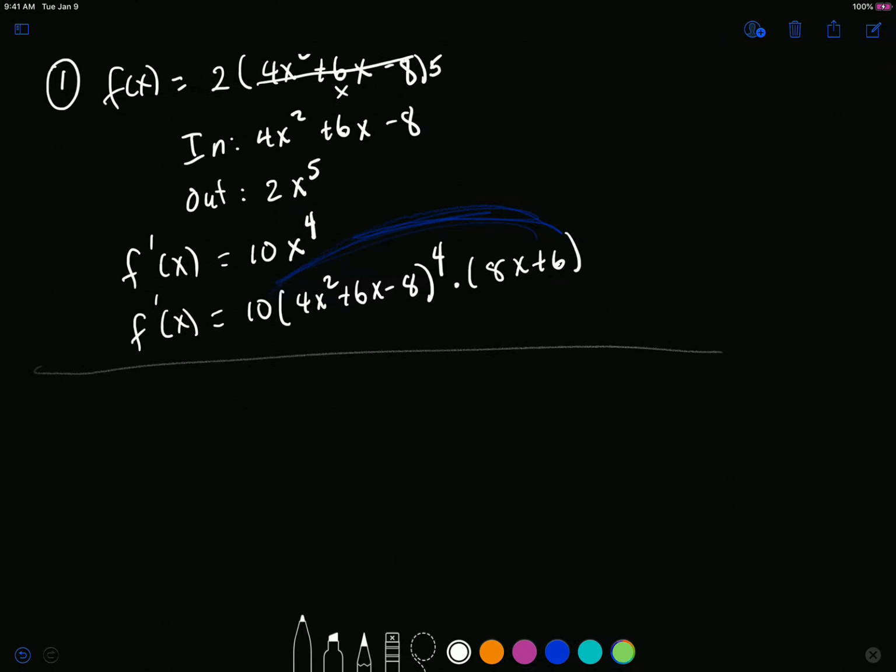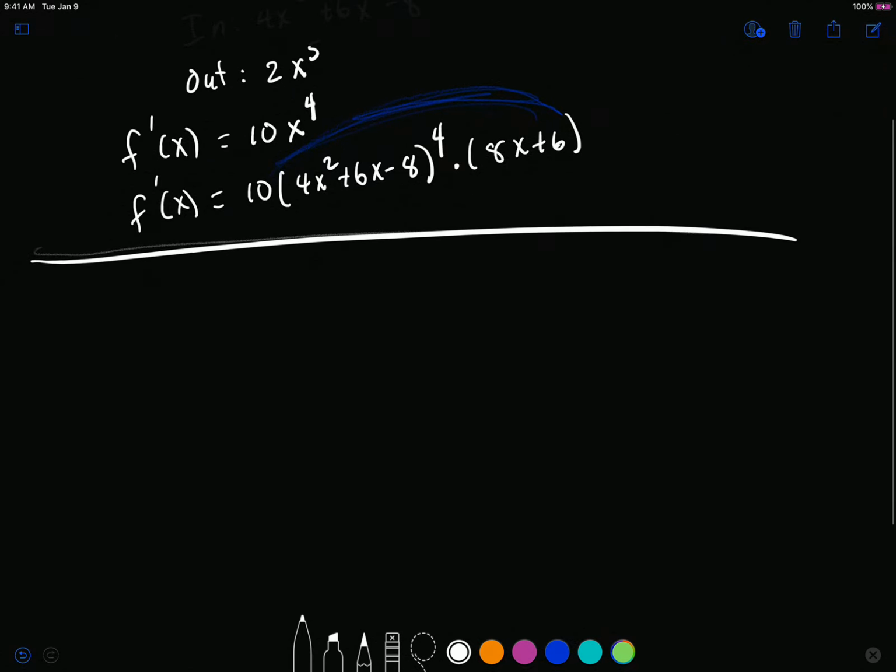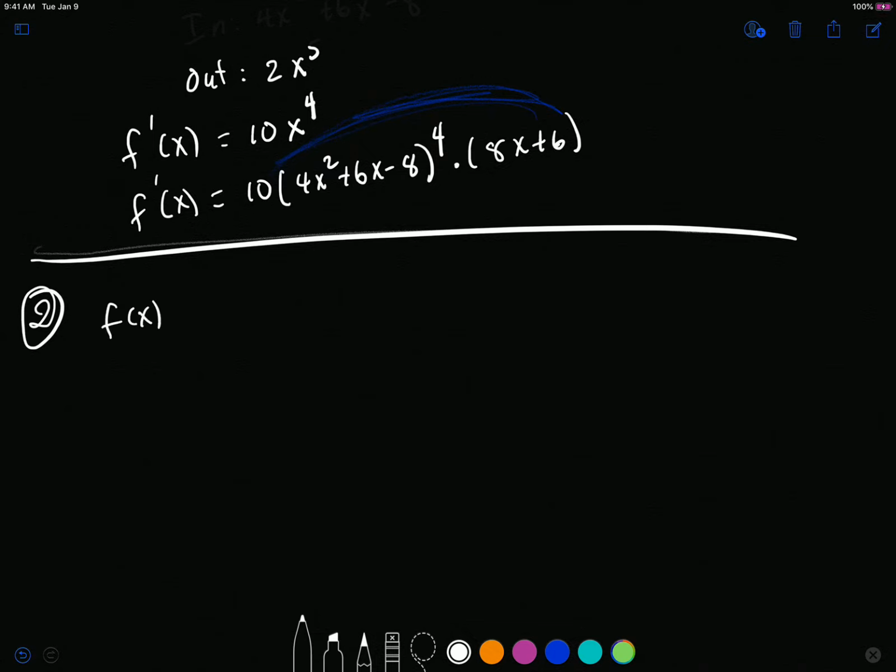Oops. Question number 2. We have f of x equals 4 times the 5th root of (x cubed minus 6x plus 10) raised to the 17th power.